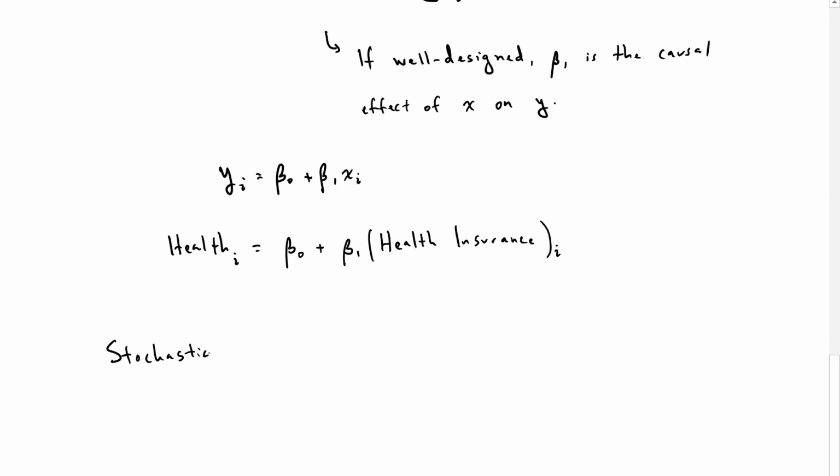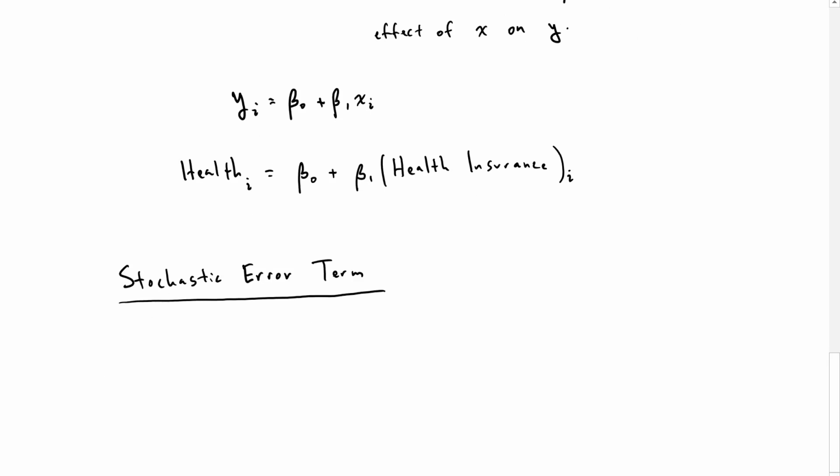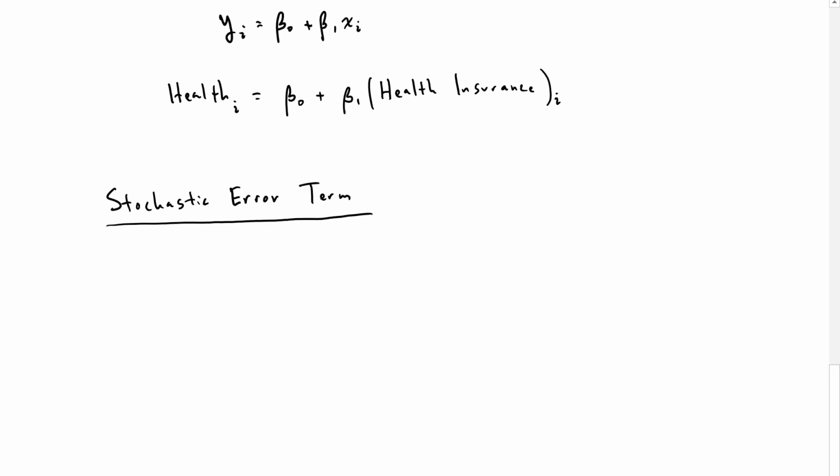Stochastic, ultimately, it just means random. So the random error term or the stochastic error term, we're going to add this in, and this is going to be epsilon i.